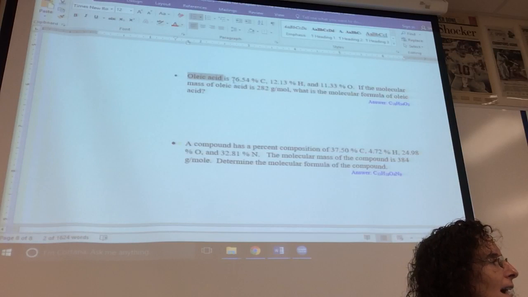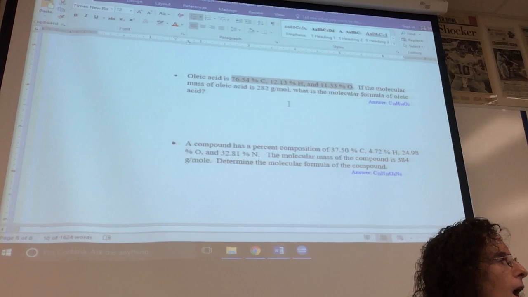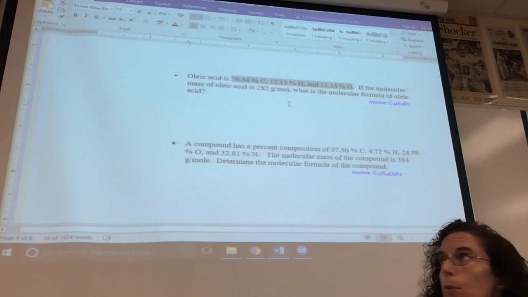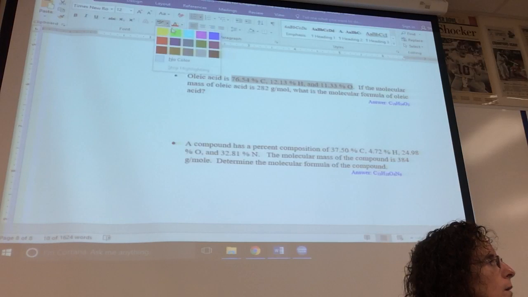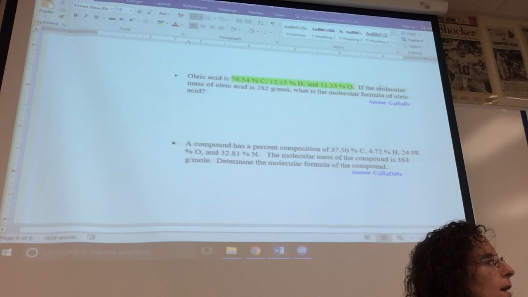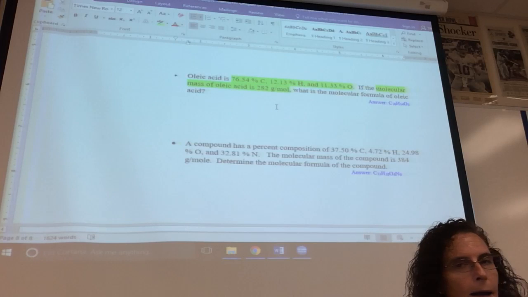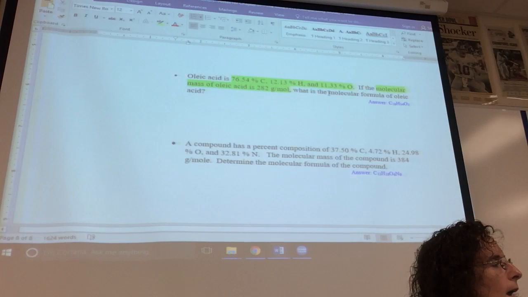So oleic acid, it turns out, contains carbon, hydrogen, and oxygen. The percents are provided. The molecular mass of the substance is 282 grams per mole. And they're asking for the molecular formula.